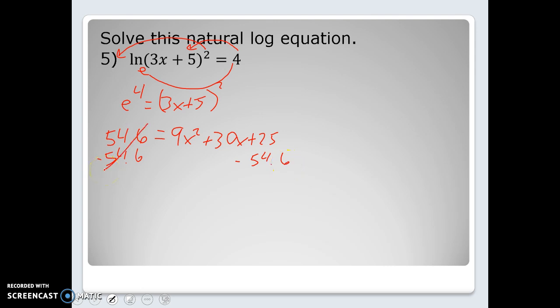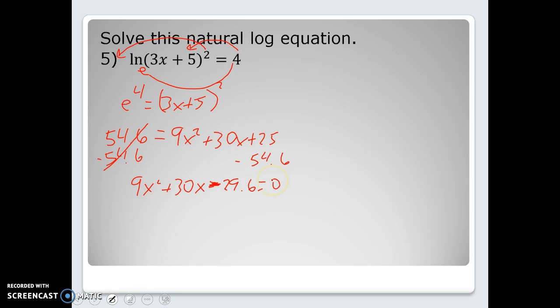So I will have 9x squared plus 30x, and then minus 25 minus 54.6, which is minus 29.6, and that equals 0.